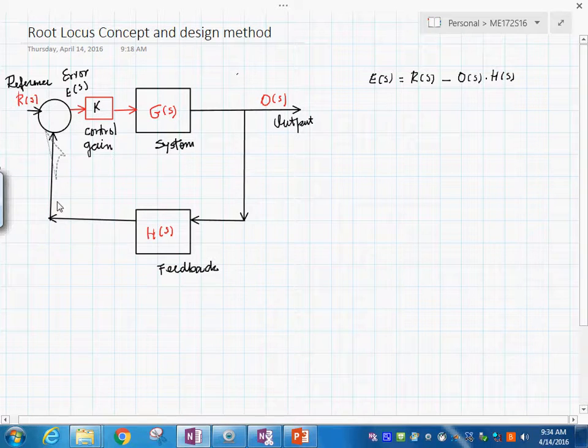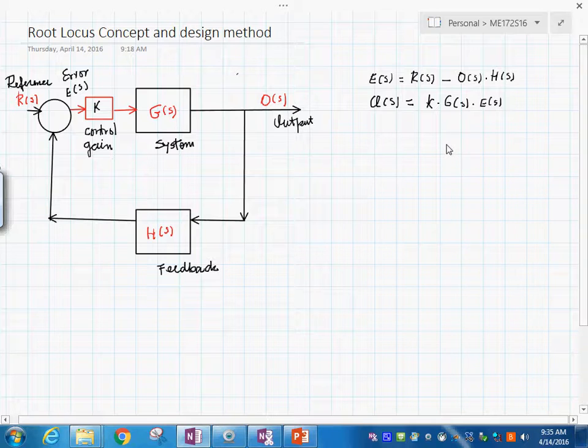It is this signal minus this signal. That's what it's saying. And then you say that the output in here is equal to K times G of S times the error, right?